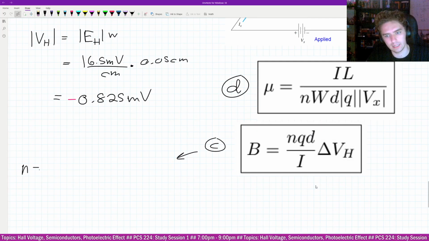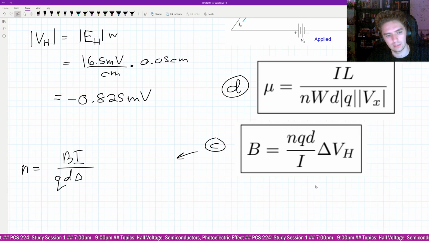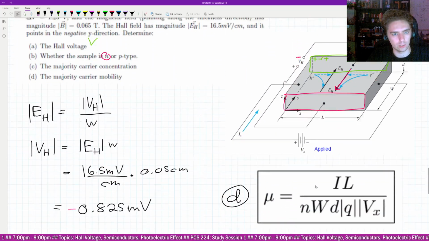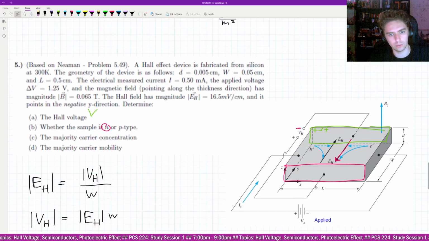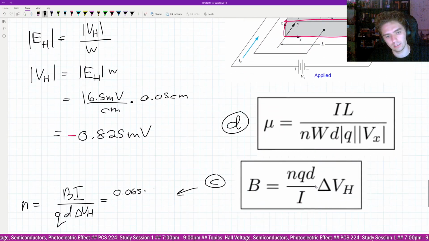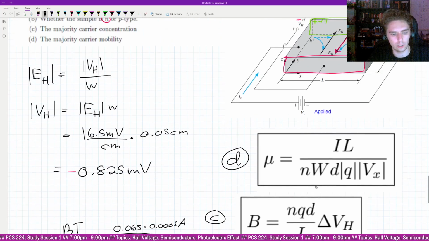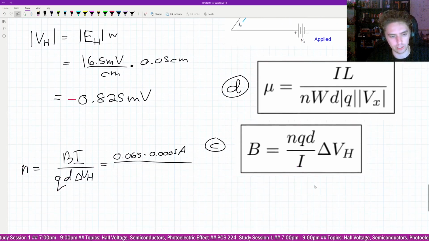We get N equals, and now I gotta do a little bit of magic. It's going to be B I over q d delta V Hall. So 0.065 Teslas times our current, which is 0.5 milliamps, so 0.0005 amps, over q, which is the charge of our majority carrier, so it's negative e.